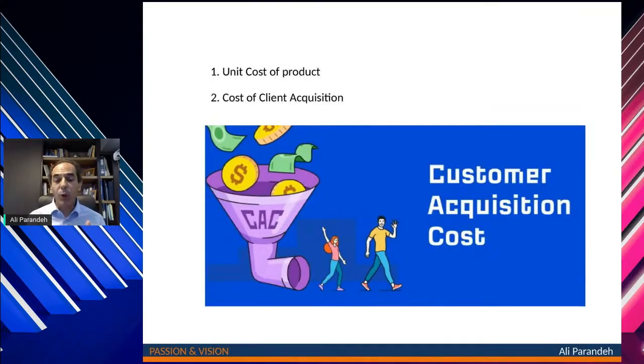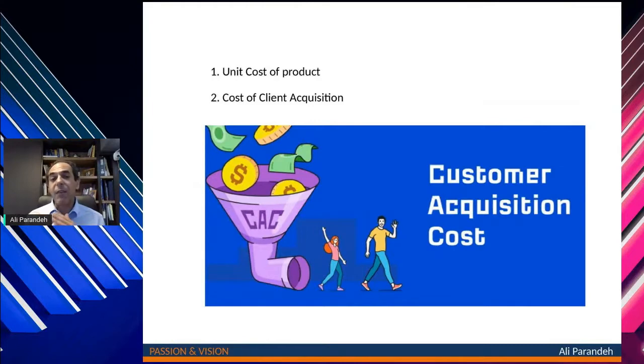The next important, simple number is the cost of acquisition of your client. What does it cost you to get one client? In one of the softwares that I sell, it costs anywhere from €750 to €1,000. It's B2B, it's hard to get to clients, and the sales cycle is very high.